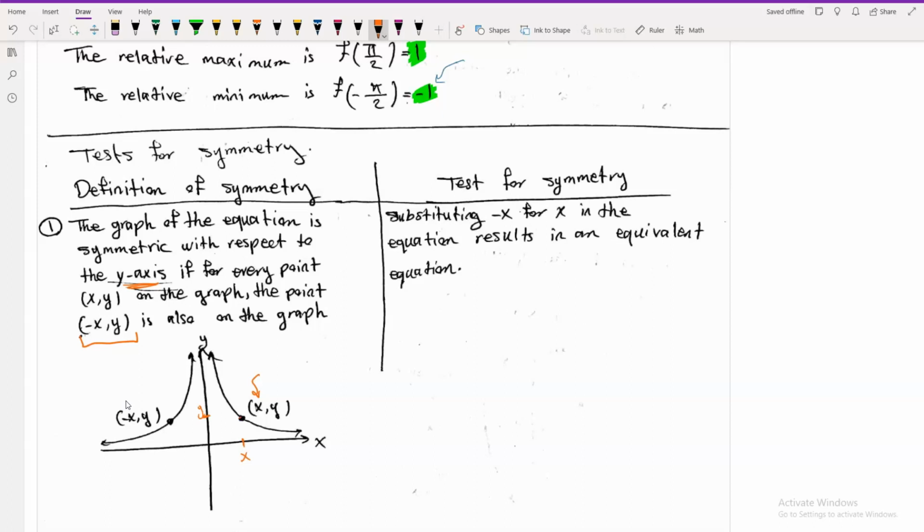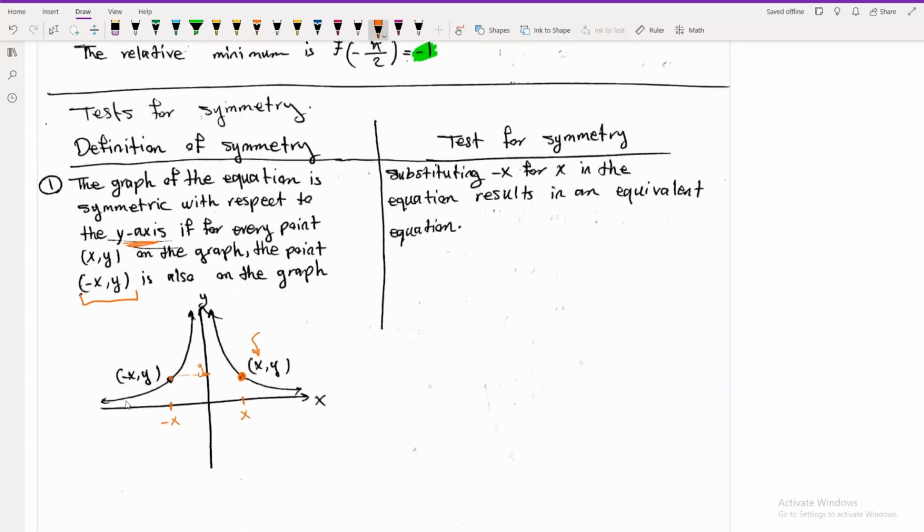So we have this point on this graph, x comma y, and on the left side of this graph, here we have negative x, and here is y, so that point is negative x comma y. So we have both of these on this graph. That means the graph of the equation is symmetric with respect to the y-axis.